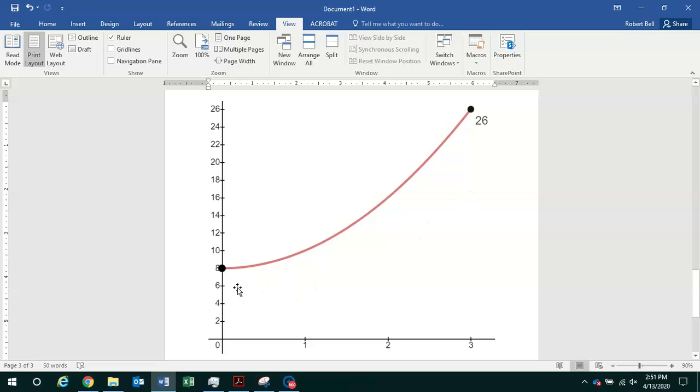You would be in error if you took the minimum value and the maximum value and averaged them to get the average value of the function. 8 plus 26 is 34, and 34 divided by 2 is 17. So the average value of 8 and 26 is 17, but that's not the average value of the function. So you would be in error if you just took the minimum value and the maximum value of the function and averaged those two numbers.